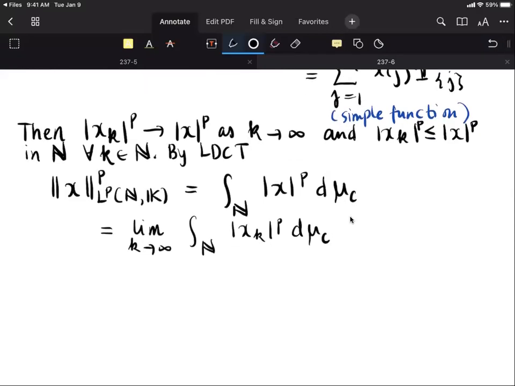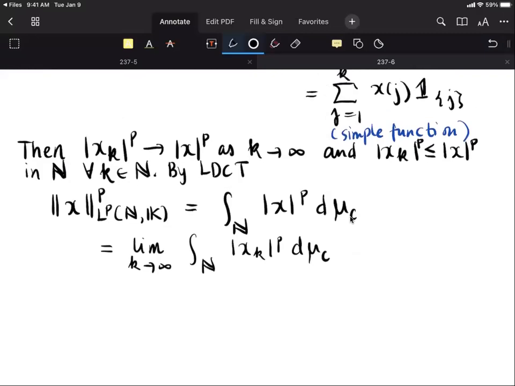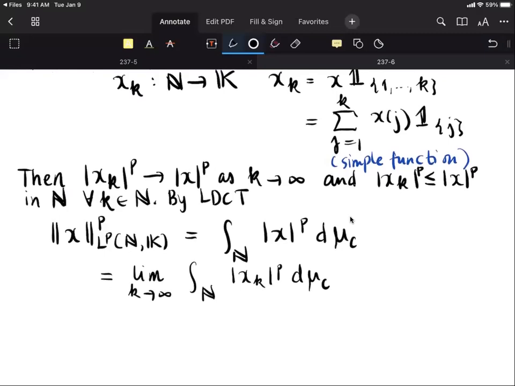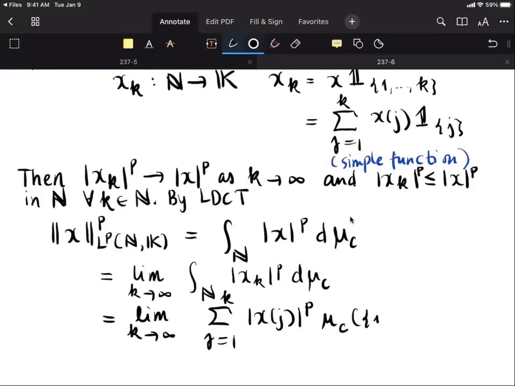Now, since we have a simple function, and take note that this is already in canonical representation, or in canonical form, then this integral of the simple function is the sum j from 1 to k of the magnitude of x sub j raised to p, times the counting measure of the singleton j.